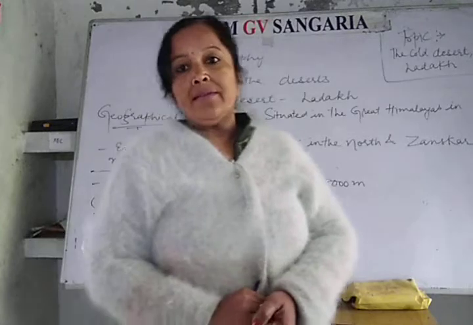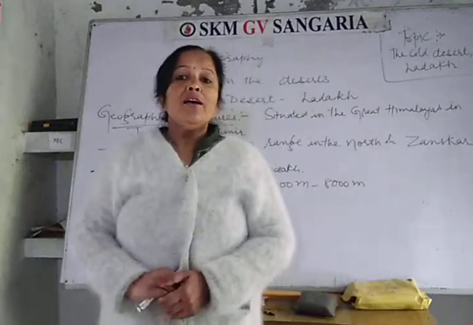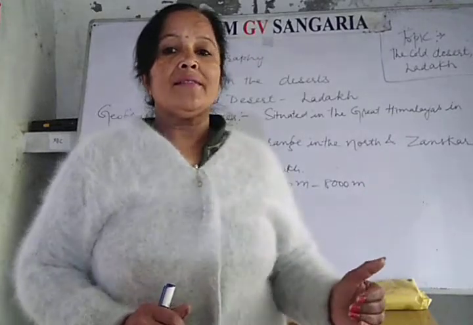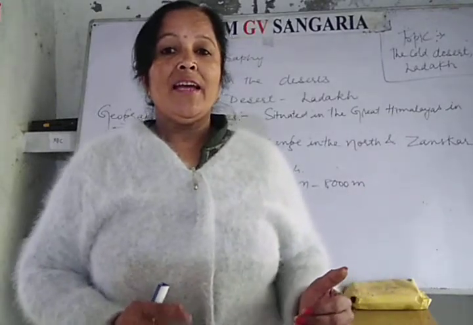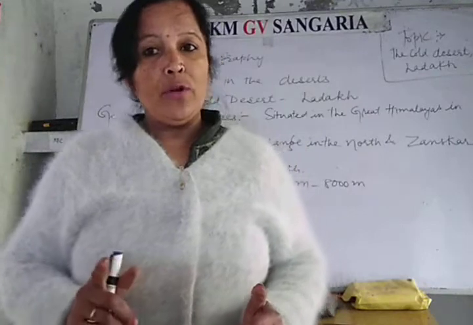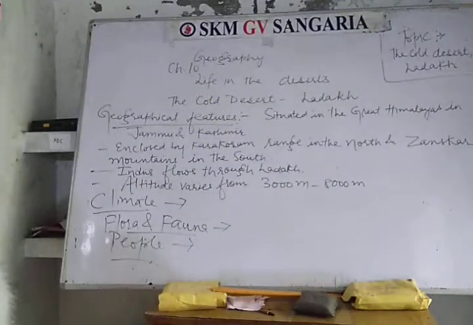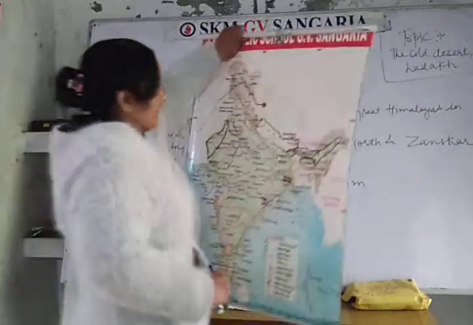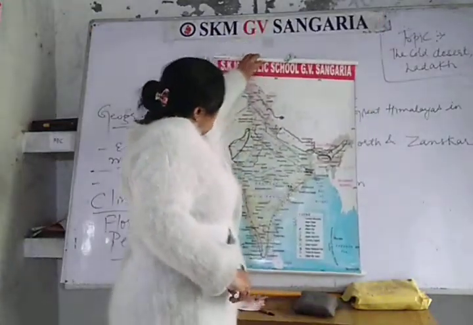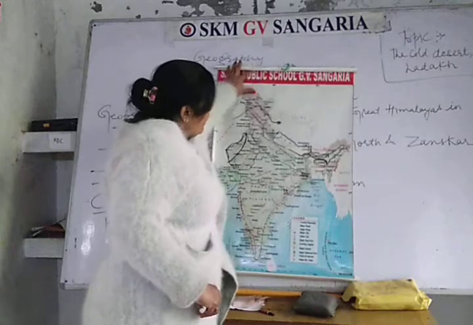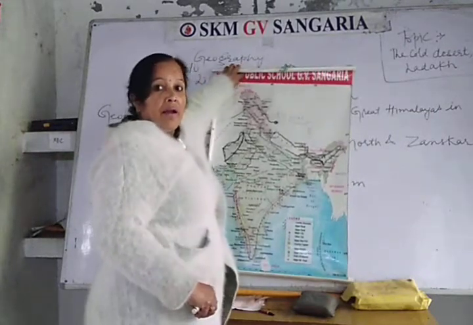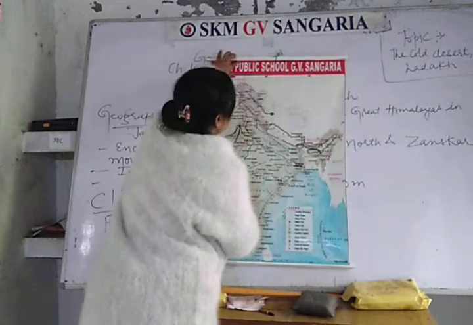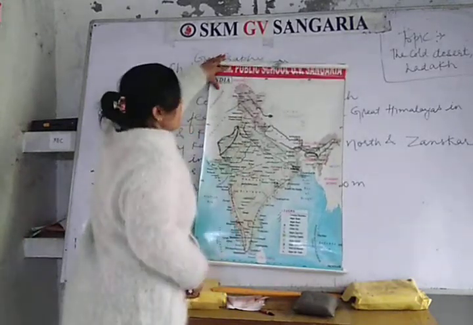As the name is Ladakh, try to think where Ladakh is. Yes, in Jammu and Kashmir. You are right. Good. So first of all, look at the India physical map.